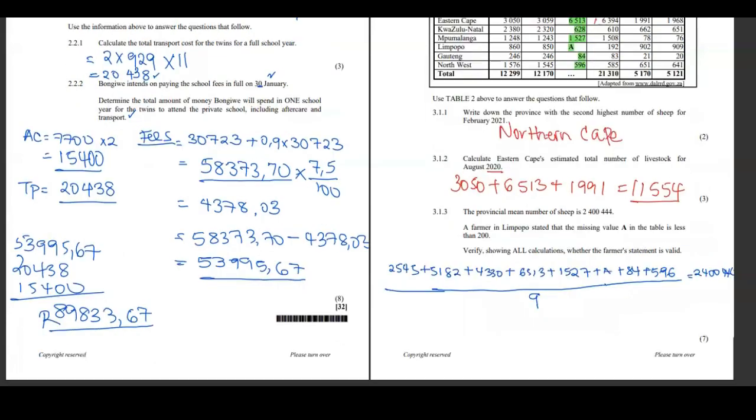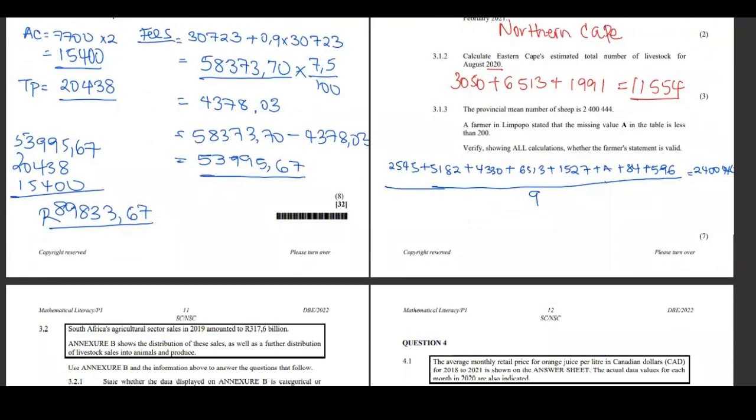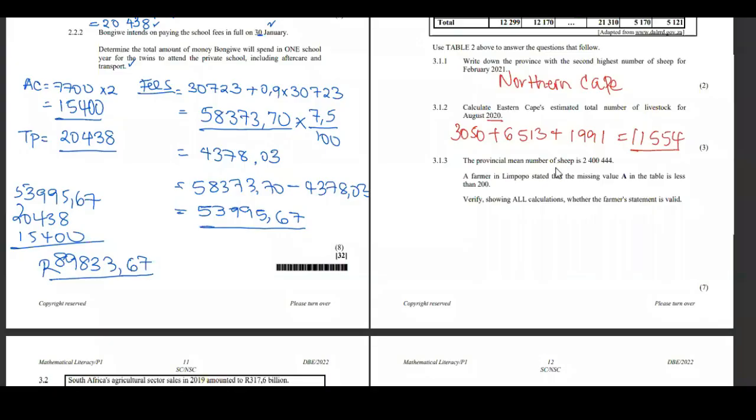So now we shall scroll down. If they add everything like that, when you add the numbers themselves, I believe you end up having this much.